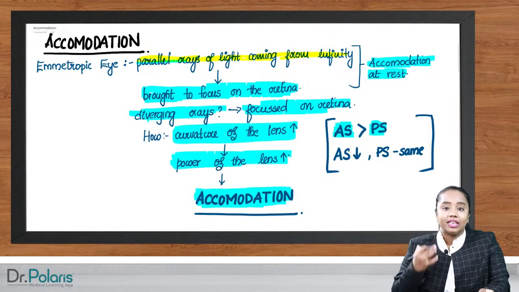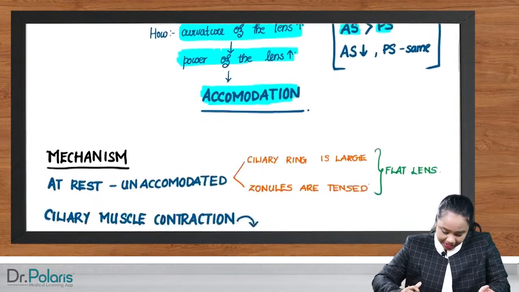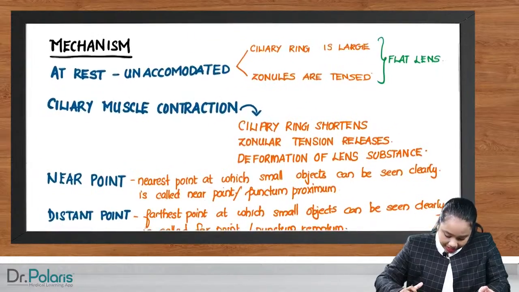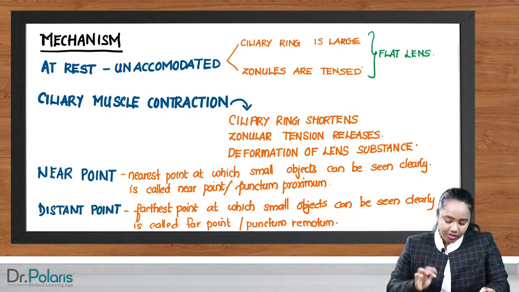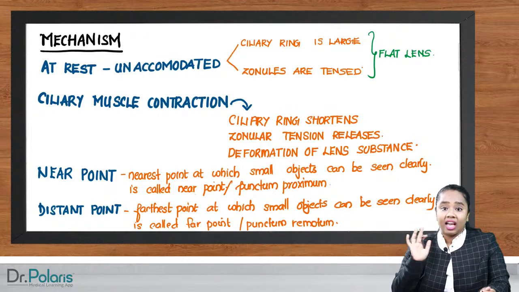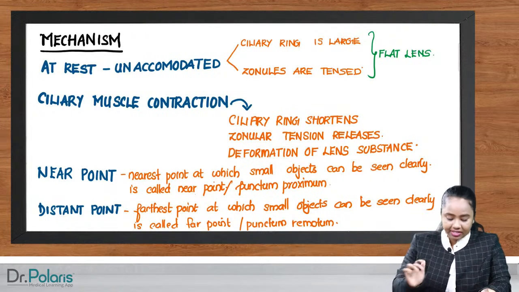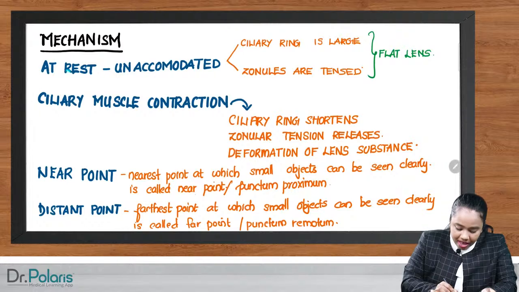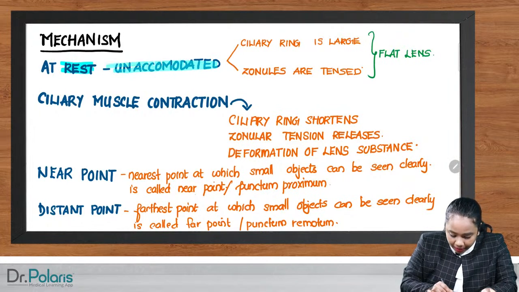Now, how is this curvature being increased? Let us see that under the heading of mechanism. First we will see the lens at rest, that is, when it is unaccommodated and no accommodation is happening.